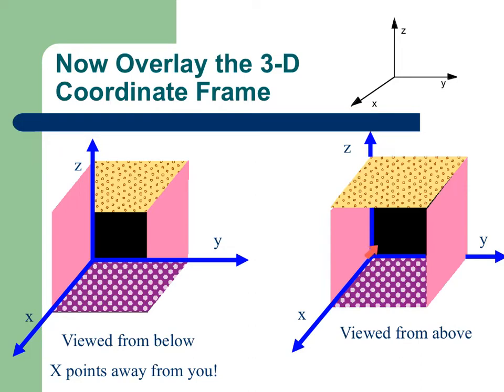And the X is starting at the back and moving out. Now it's pretty clear that X is pointing towards you, not away from you, right? So depending on how we interpret the picture, we may see it in one of two different ways, or maybe more than two different ways.